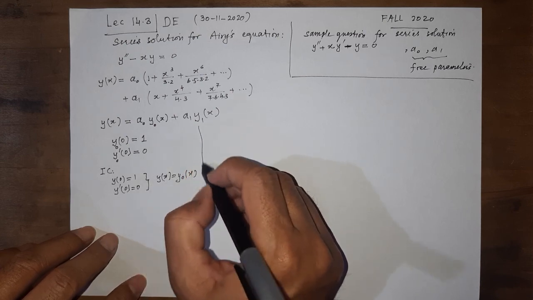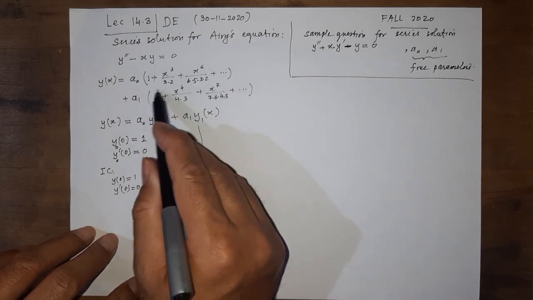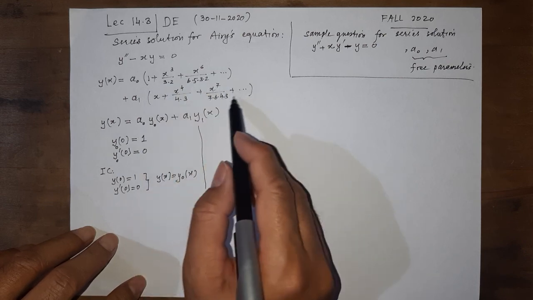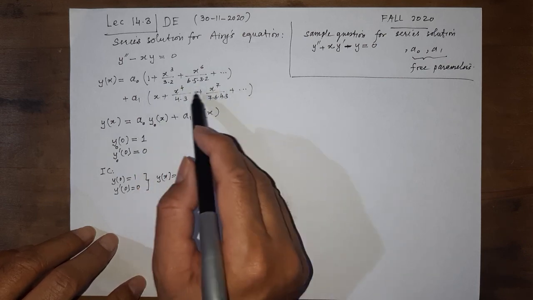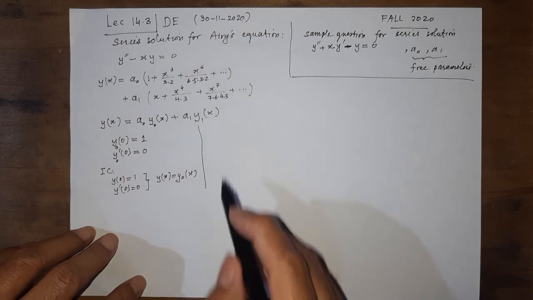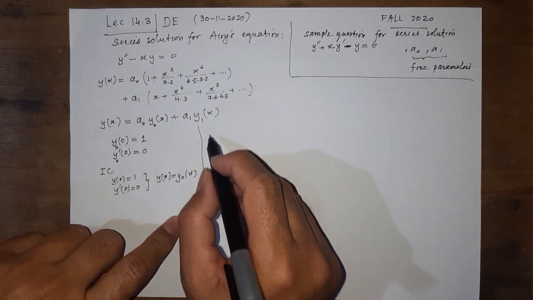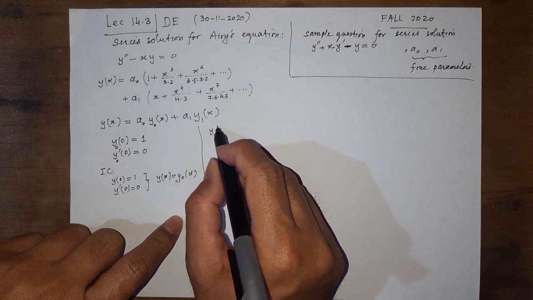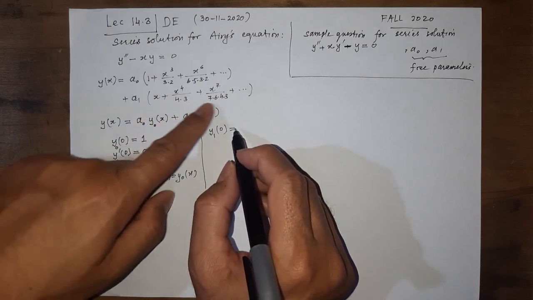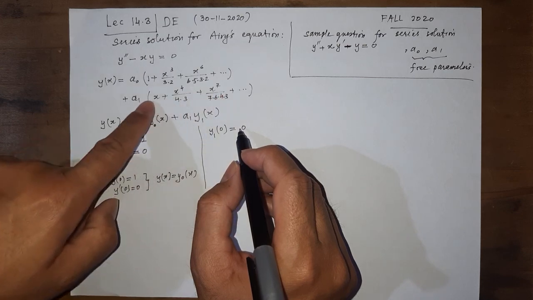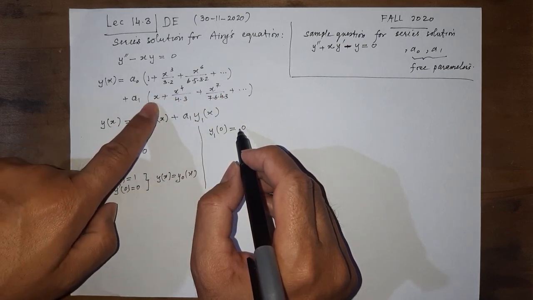Similarly, suppose y1 is the only solution for this differential equation. Then y1 of 0, putting x equal to 0, is 0 because all the terms have x in it.